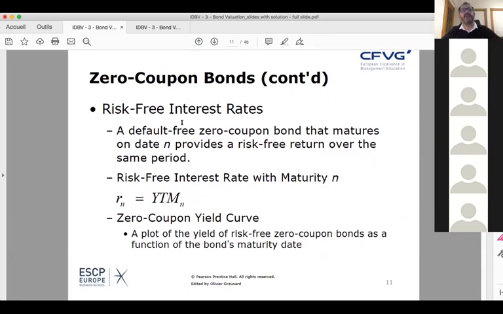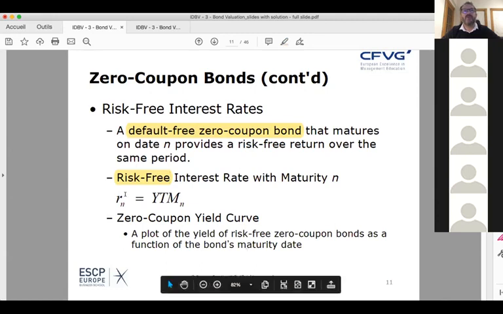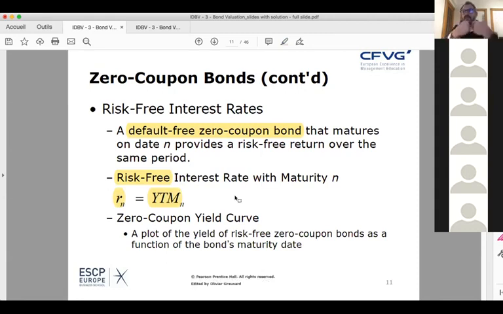This is not by chance, because zero coupon bonds are supposed to be risk-free bonds. These bonds are, for example, from the US treasuries. So of course the yield to maturity of the zero coupon bond actually represents the risk-free rate.